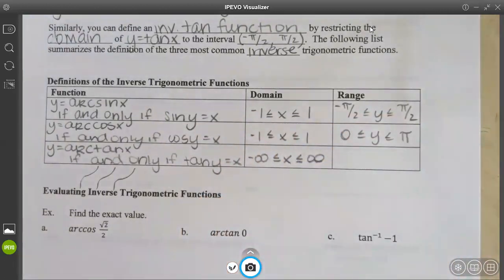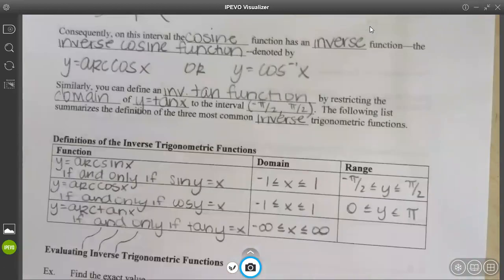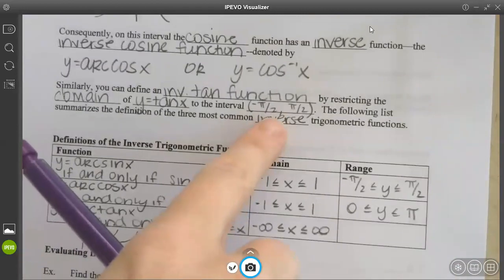Your range and your domain switch. Do you remember what it fluctuated between? We did this yesterday. What did we set our bx minus c equal to for our tangent? We just said it. What interval? Negative pi over 2 to pi over 2.